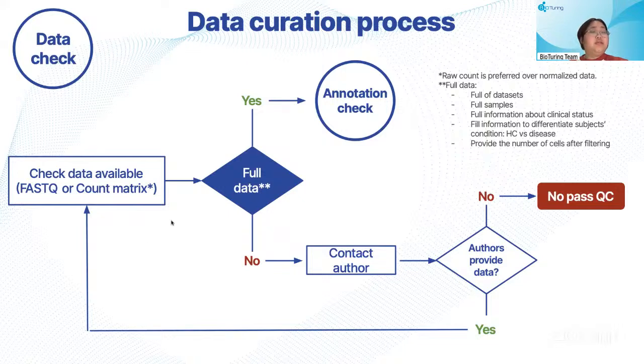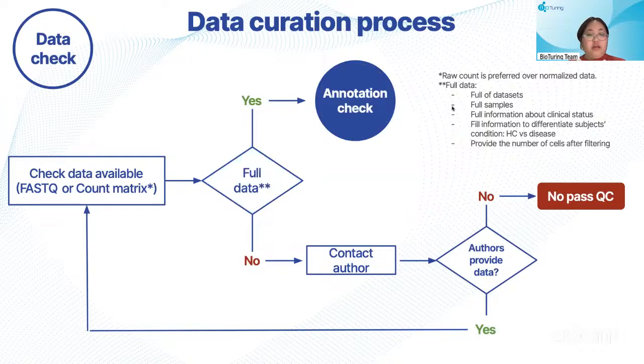So when we say full data, as you can see here, we mean the data set that the authors provide comes with the expression matrix, comes with full metadata information about how many samples are there and also the clinical information, if any. And usually we also need the authors to provide us with the number of cells after filtering, so the QC parameter from the authors.